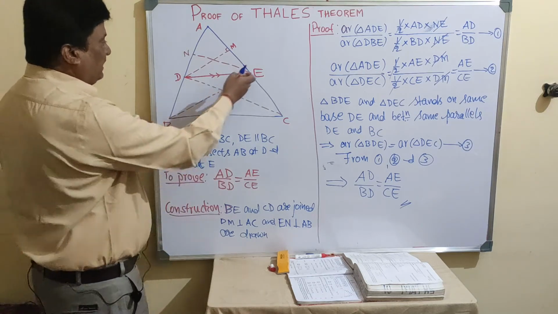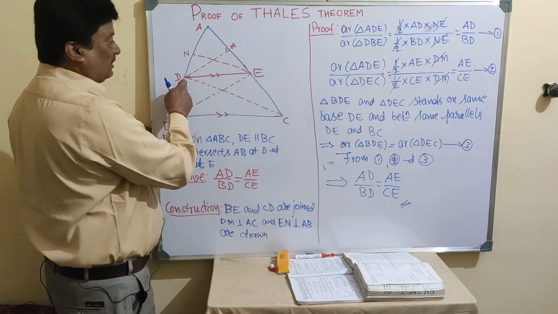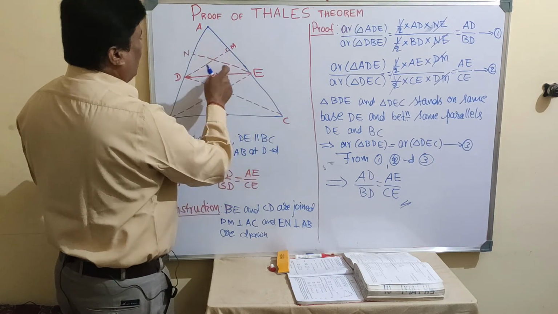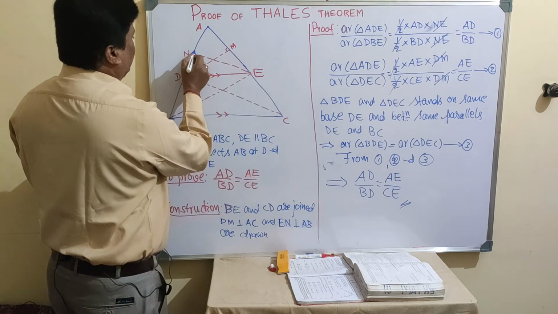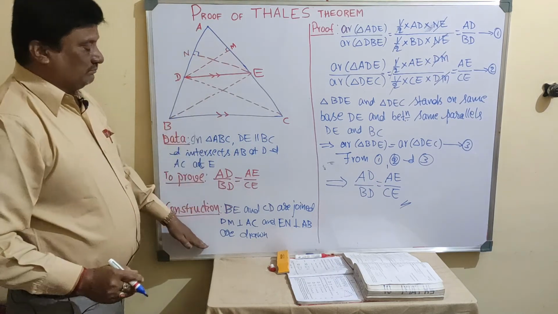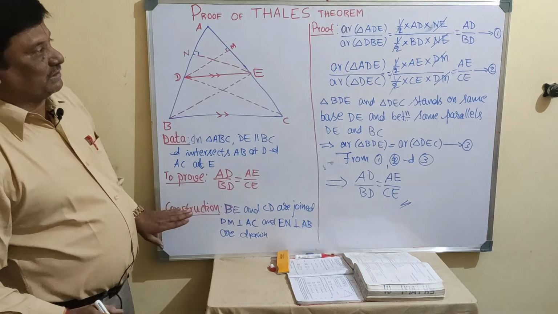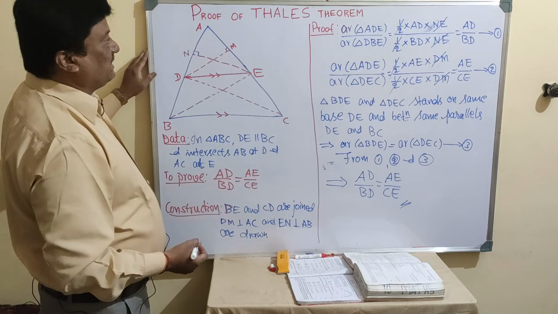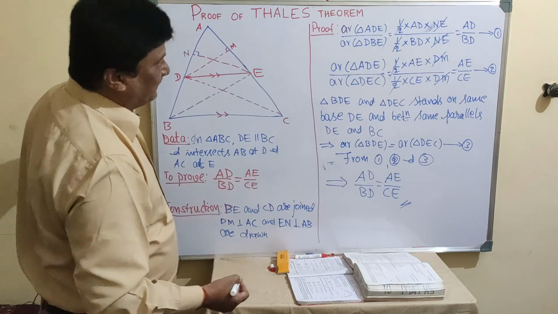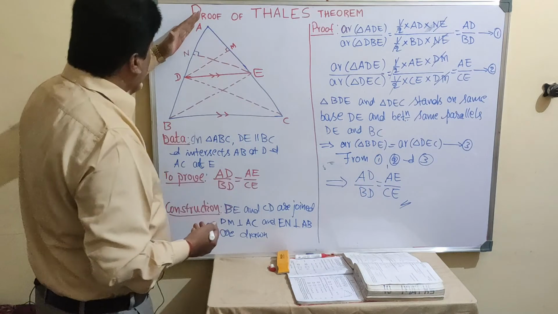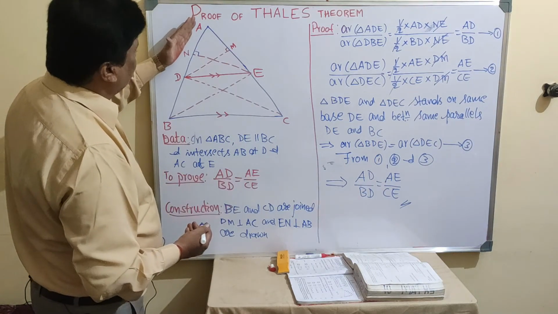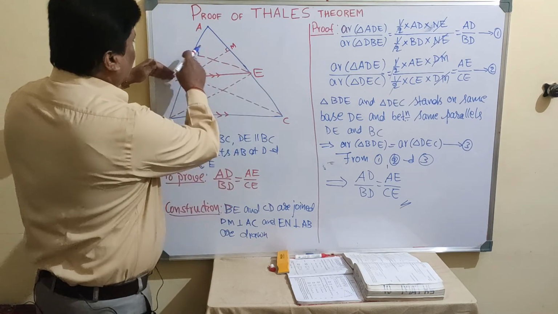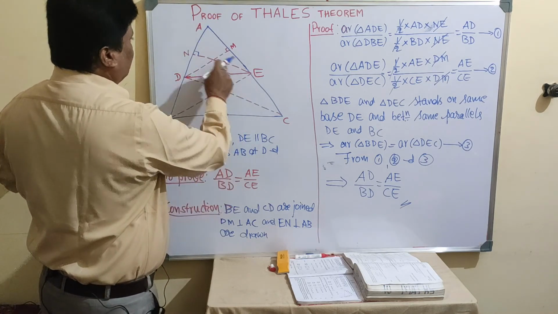Here BE and CD are joined, DM perpendicular to AC and EN perpendicular to AB are drawn. This construction is a very important part. Now let's take the ratio of the area of triangle ADE and triangle DBE. If AD is the base and EN is the height, the area is half into AD into NE.